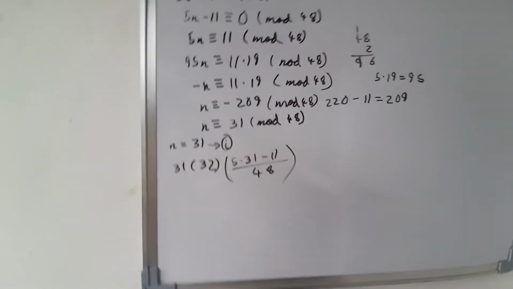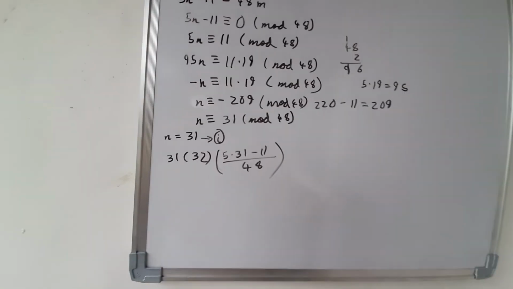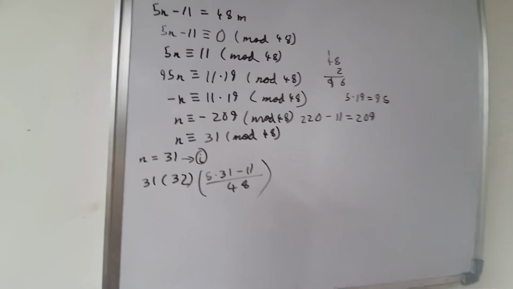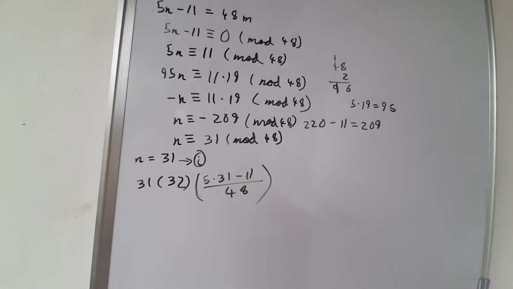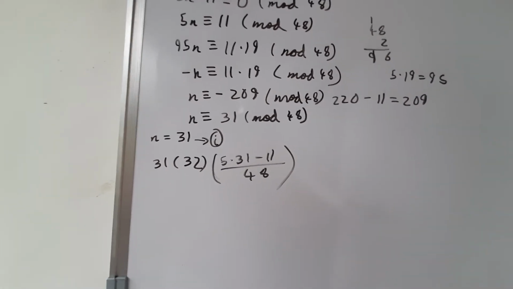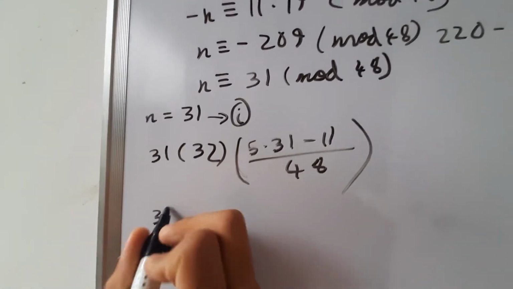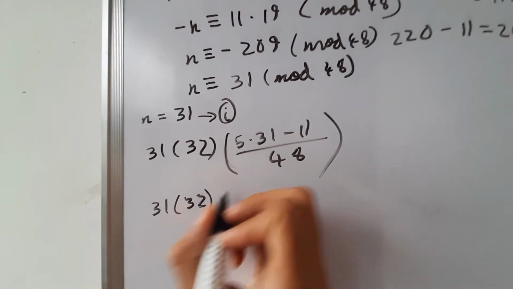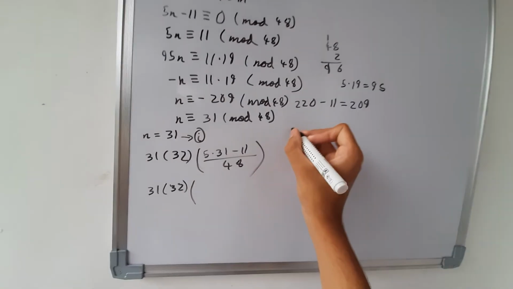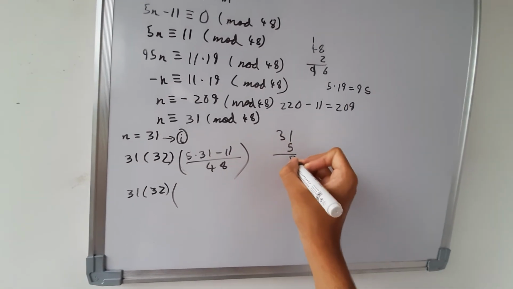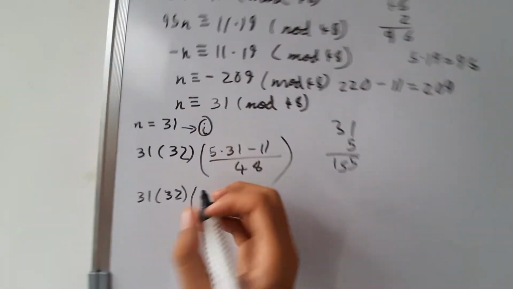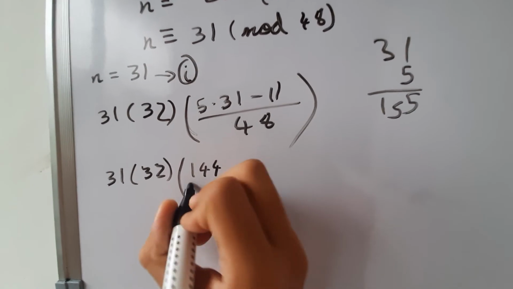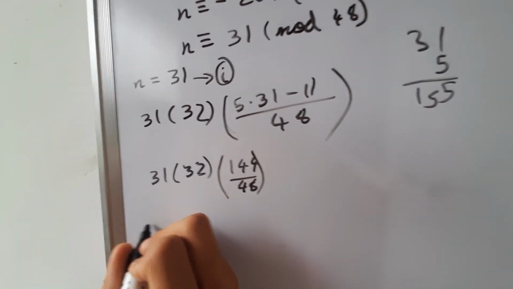So 5 times 31 would be 155. 155 minus 11 is 144 on 48. That's cool.